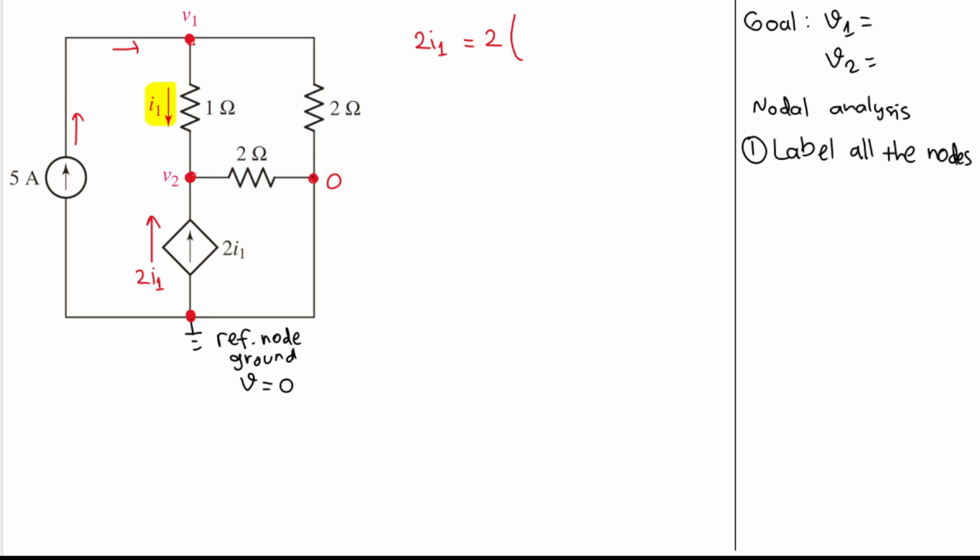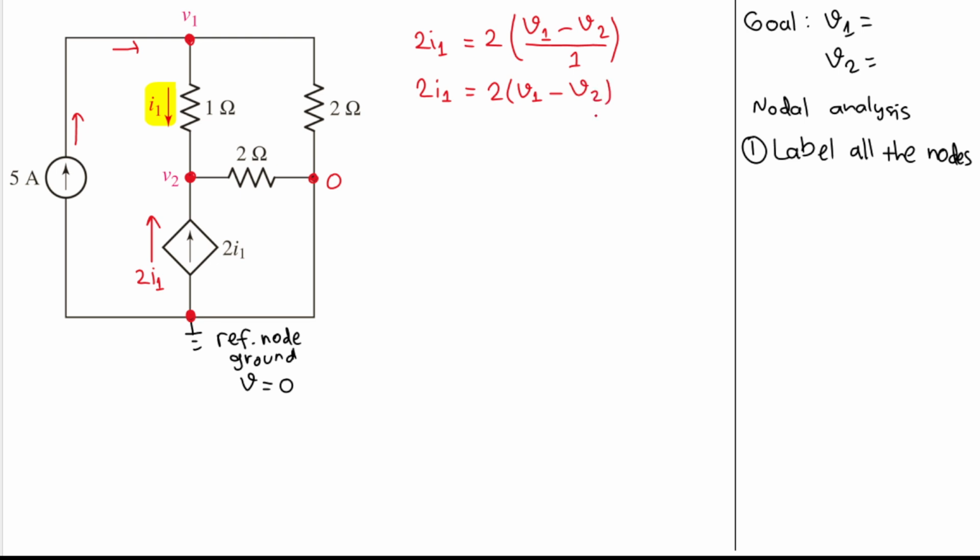Here the current comes from V1, so I will have V1, and the current goes to V2, so I will have minus V2. Then, because we need current, we divide by the resistance between them, which is 1 here. Good. And I think we can simplify this, so 2I1 will equal 2 multiplied by (V1 minus V2).